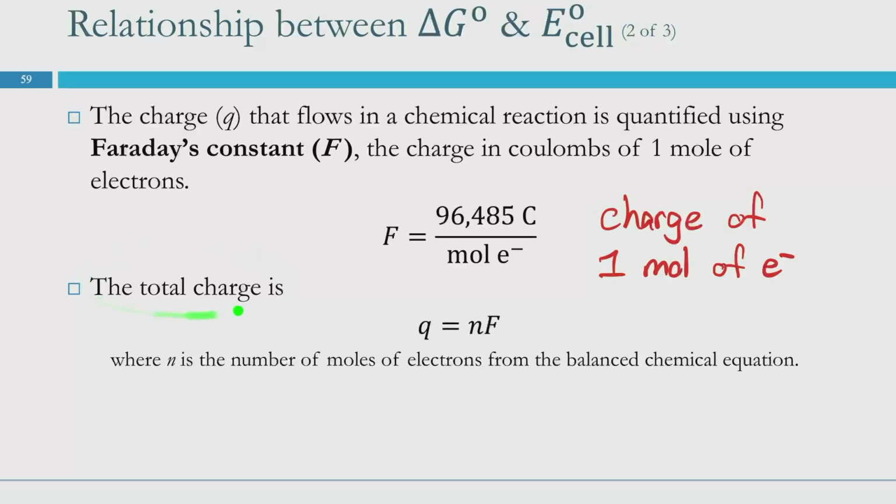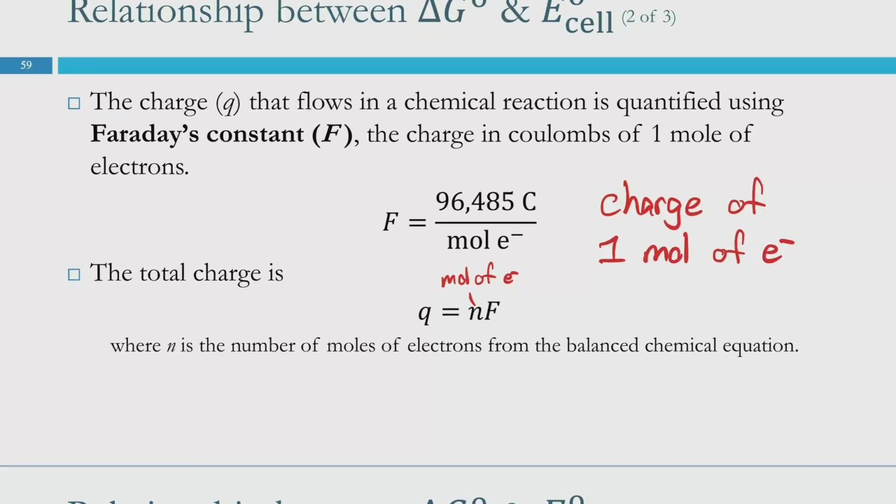So our total charge in any reaction is going to be Q, and that's going to be the number of moles of electrons times Faraday's constant. So just giving us this charge value. So moles of electrons in the balanced equation. Basically just what's the coefficient on electrons.